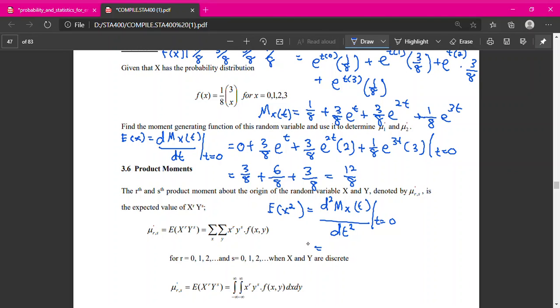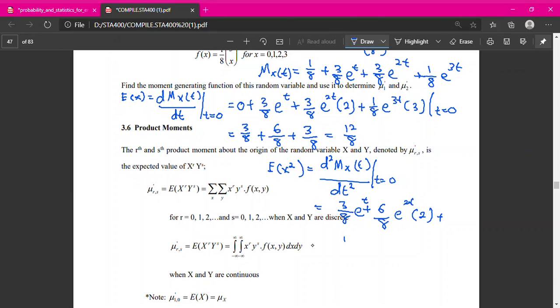Okay. So differentiatekan 3 over 8 et. So you akan dapat yang sama 3 over 8 et. Okay, plus multiply differentiate pula 6 over 8 e to t. So you akan dapat 6 over 8 e to t multiply 2, right? Plus differentiate pula 3 over 8 e 3t. So you akan dapat 3 over 8 lah kan sebab dia multiply.